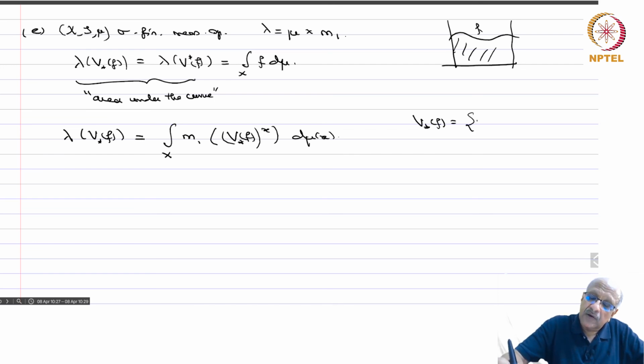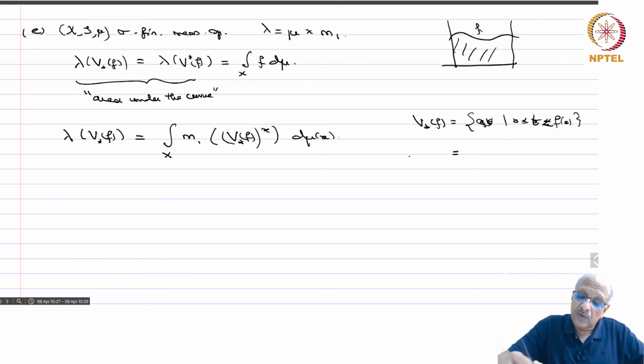This is equal to the set of all (x, t) such that 0 less than or equal to t strictly less than f of x, and that is equal to, so V sub star f section at x, for any fixed x, is nothing but the interval 0 to f of x open.